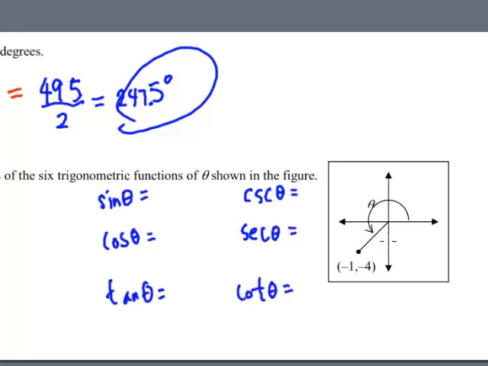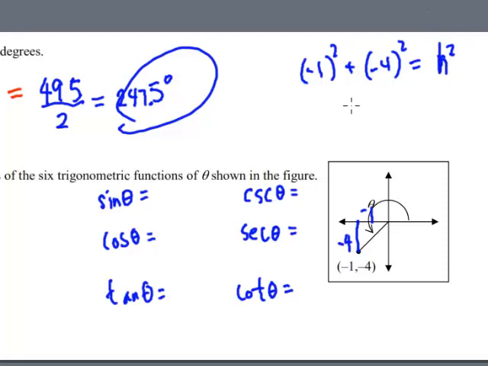Okay, so here's my triangle. Always draw it back to the x-axis. So we have a -1, a -4. My hypotenuse, using the Pythagorean theorem, I have -1 squared and -4 squared is equal to my radius squared, or the hypotenuse. Let's call that h.